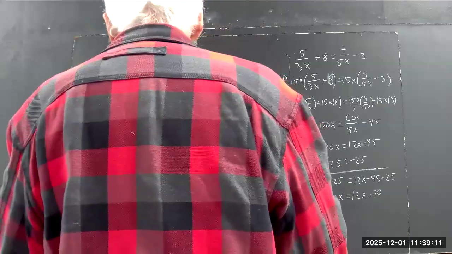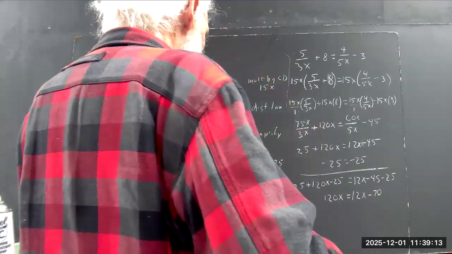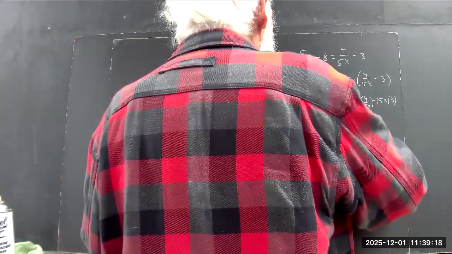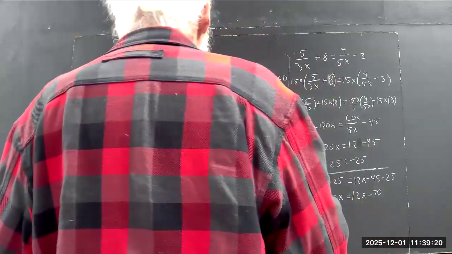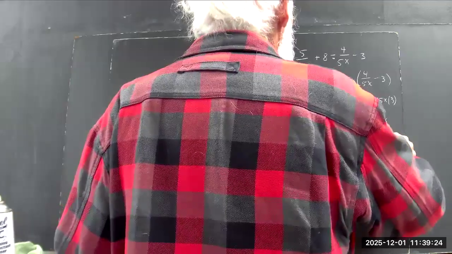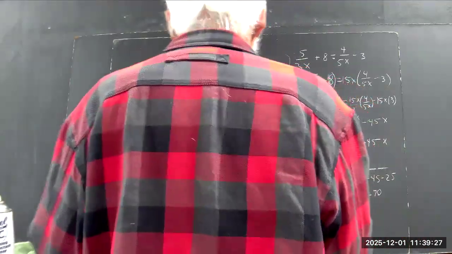And I've got mistakes here that I need to apologize for. This is not 12x, but 15x times 3 is 45x. The x goes here.